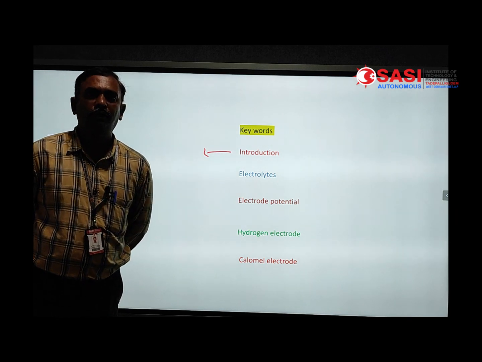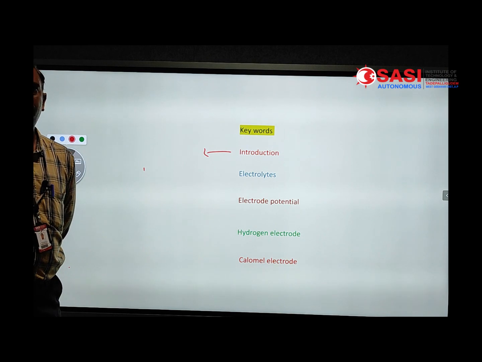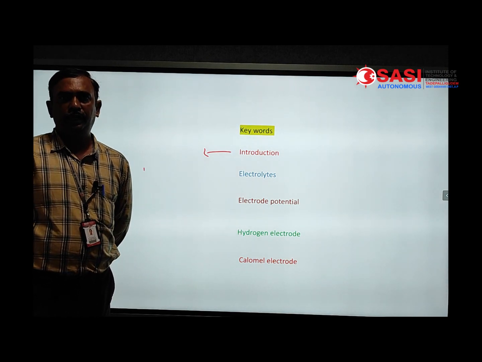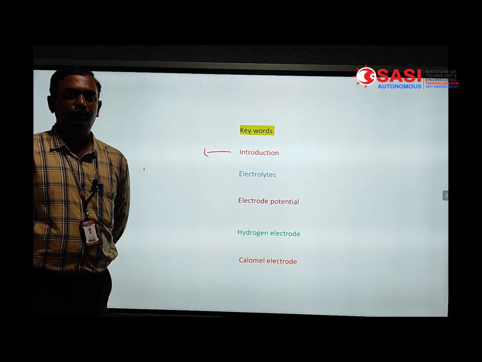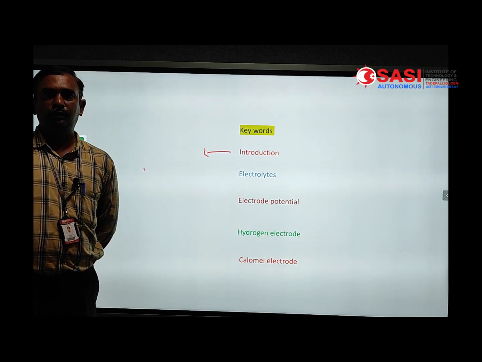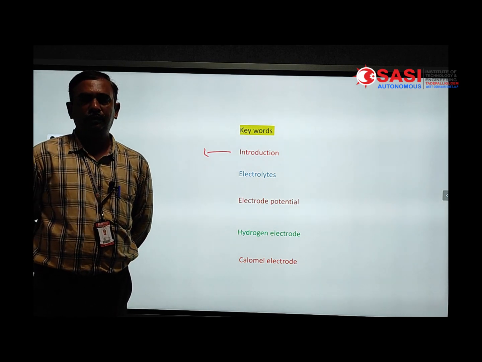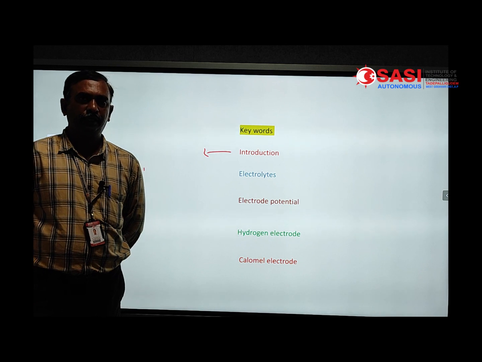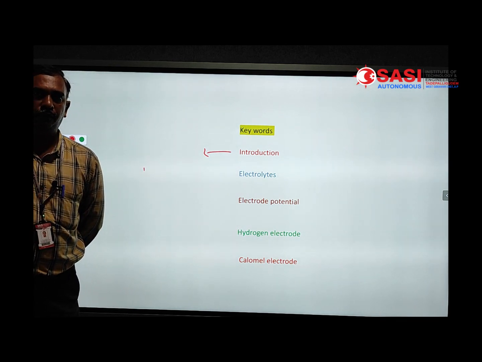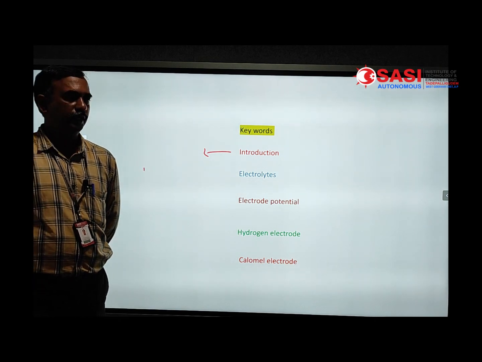In your intermediate, you have already studied the different types of electrolytes. Similarly, Faraday's first law and second law tell us how much quantity of electricity is needed to get some weight of the metal deposited during electrolysis. The second law says the weight deposited by different electrolytes depends upon their equivalent weights. Like that you have studied in your lower classes.